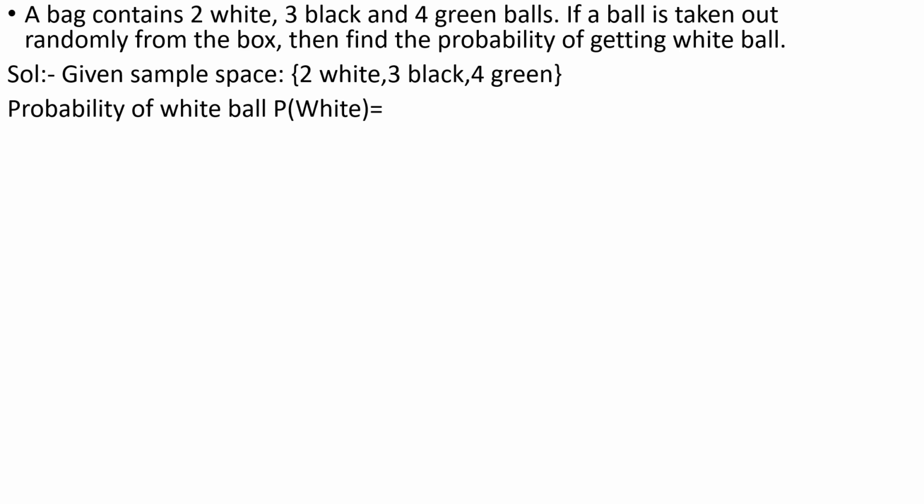So the sum of that will be 9. Now to identify the probability of getting a white ball, we'll have P in brackets white. So the favorable condition of white will be 2 because we have 2 white balls in that bag.